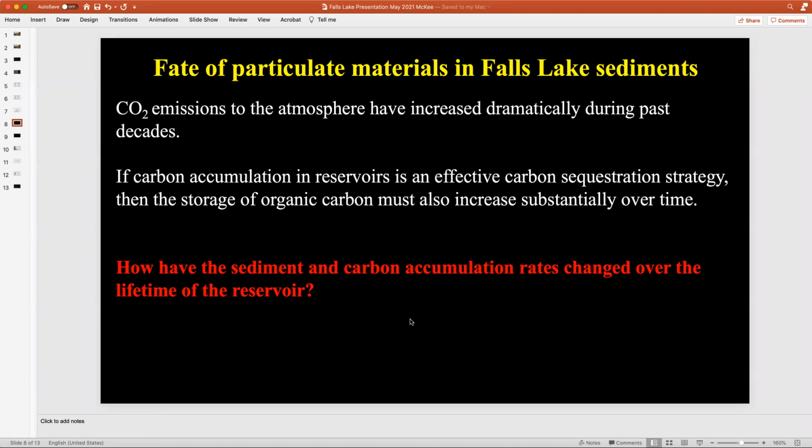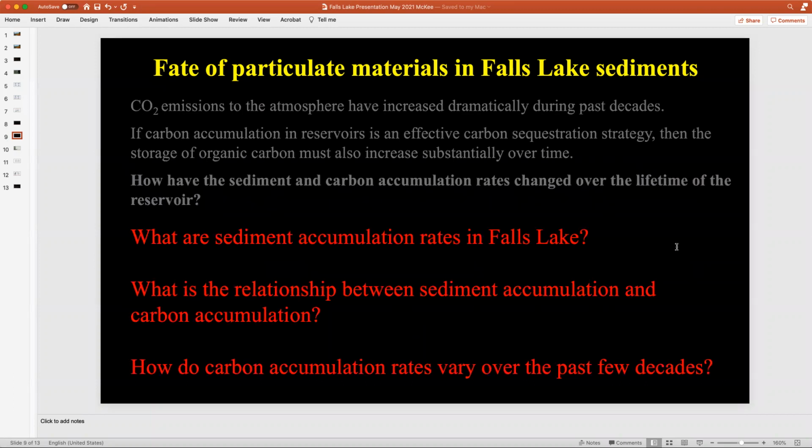The question is, how have the sediments and carbon accumulation rates changed over the lifetime of the reservoir? So more specific questions aimed at Falls Lake: what are the sediment accumulation rates in Falls Lake? What is the relationship between sediment accumulation and carbon accumulation? And how do carbon accumulation rates vary over the past few decades? Do they indeed increase?